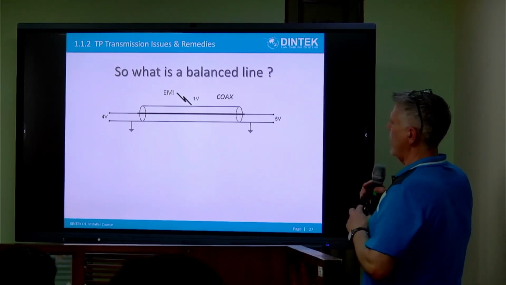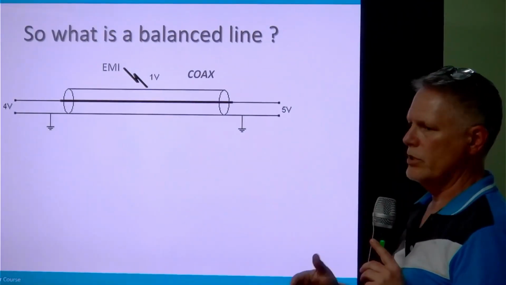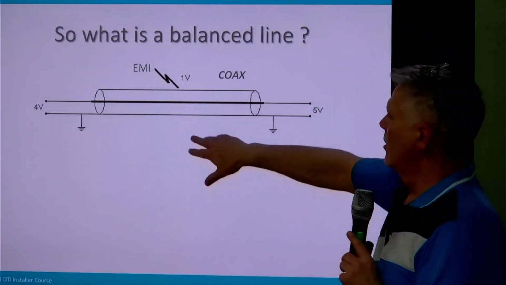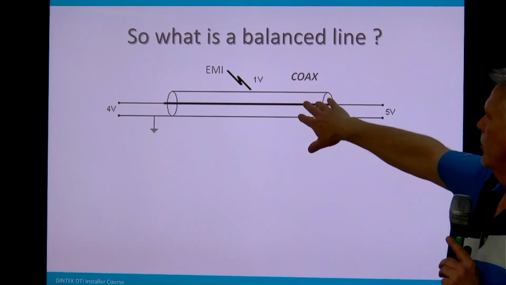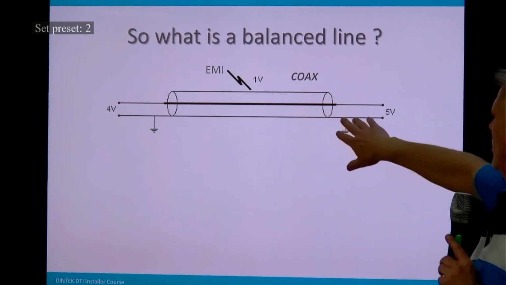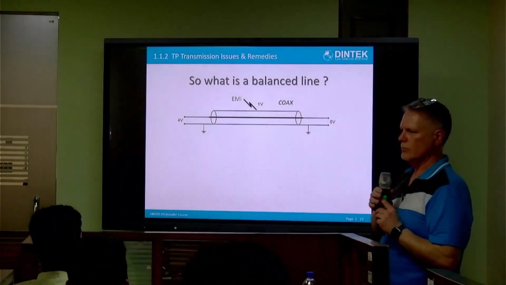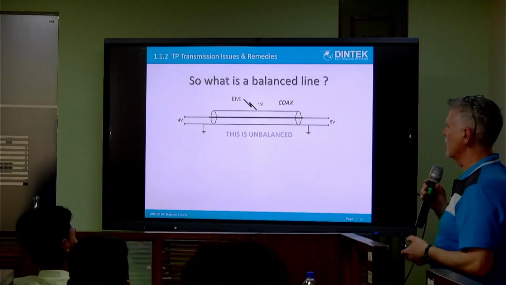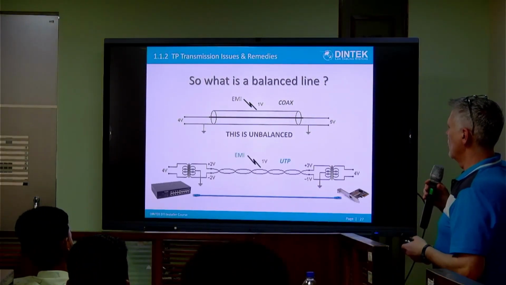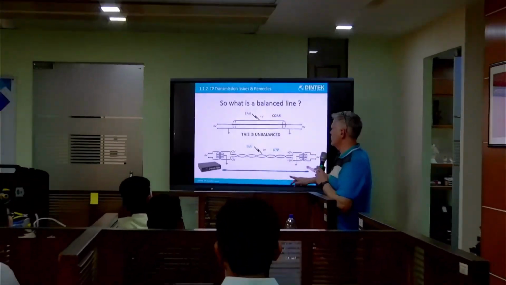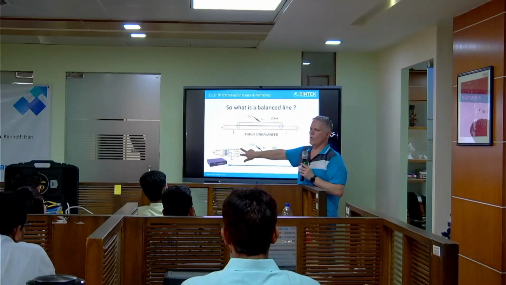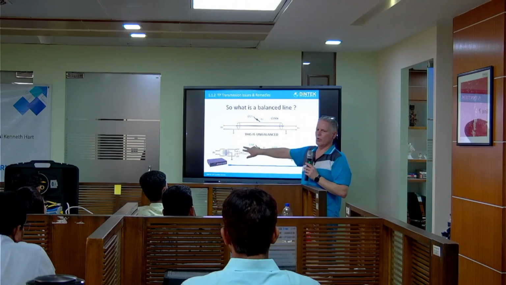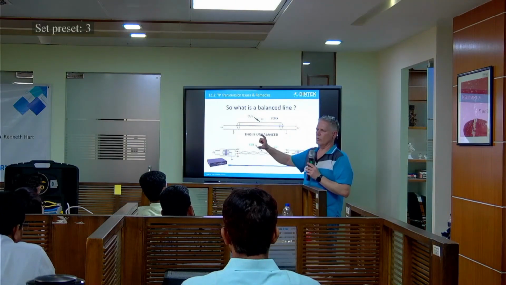If we have a look at, say, a coaxial cable, which is unbalanced, if we have, say, a 4 volt signal at one end, and we get an induction of a volt at the other, then we get 5 volts. So that's an unbalanced line. But if you've got transmission equipment which is now splitting that 4 volts between -2 and +2, we've still got 4 volts.